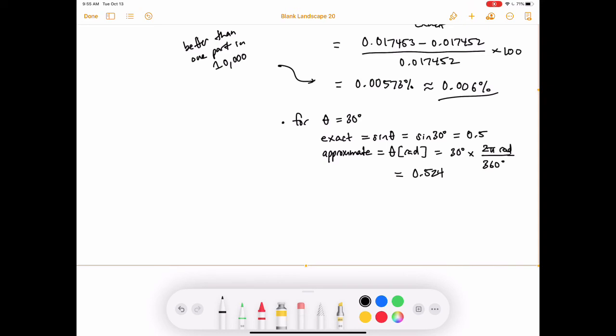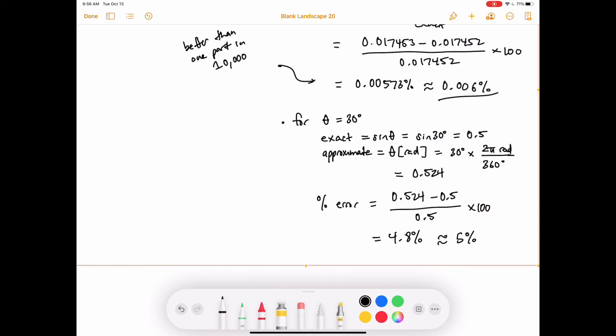So what we're seeing here is that if you increase the angle, of course, the small angle approximation is getting worse. So the percent error in this case is going to be 0.524, that's the approximate value, minus 0.5, that's exact, over 0.5, that's the exact value again, times 100, which works out to 4.8% or about 5%.